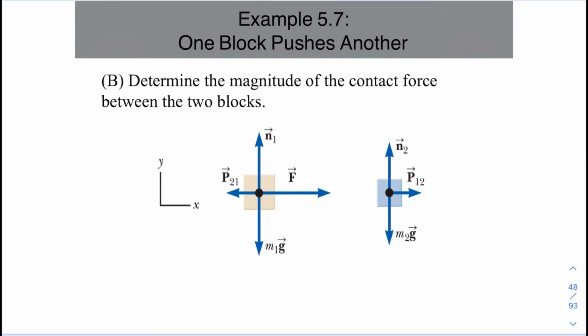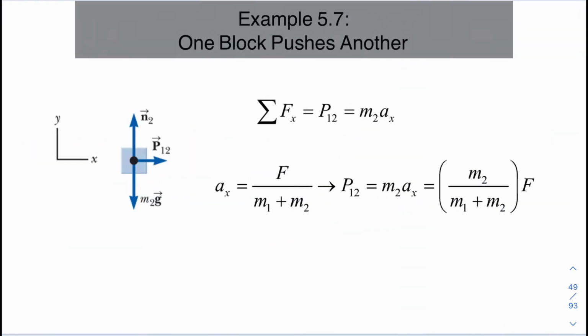Now consider object 2. We have a push from object 1 on object 2 to the right, the weight, and also normal 2 due to the contact between object 2 and the floor. These are all the forces acting on the two objects.